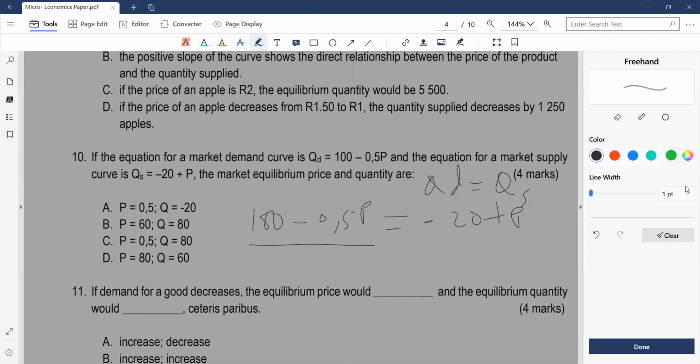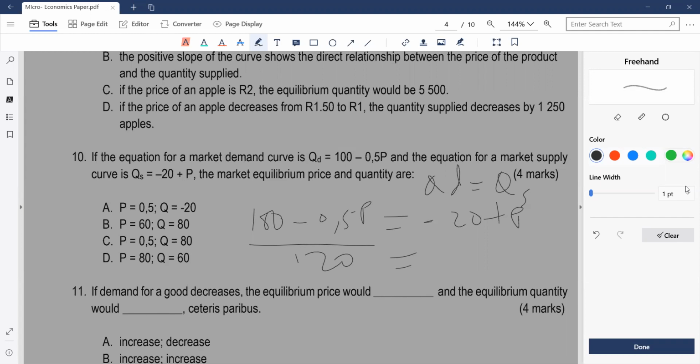You regard it as an equation. Let's solve the equation. Let's bring the like terms together. Here, it's 100 plus 20, because this 20 comes this side, it becomes 120 is equal to 1.5P, because the P comes this side and becomes a plus.